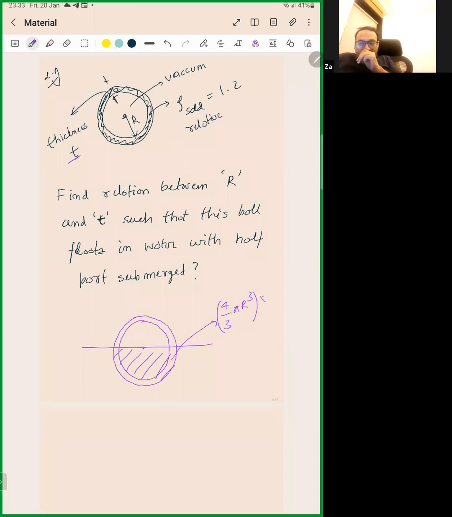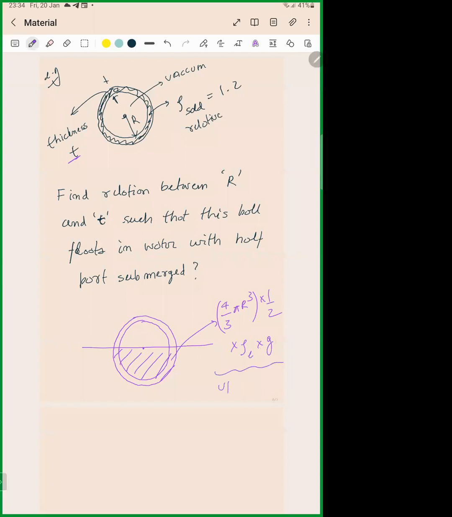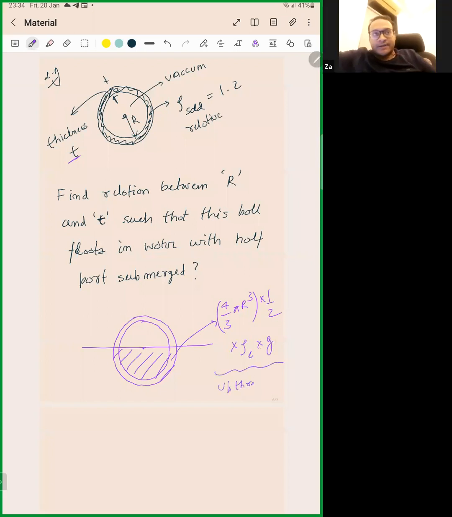This volume getting multiplied by rho L into g is the upthrust I am getting. Did you get my point? This is the upthrust that is being applied by the liquid on the body.